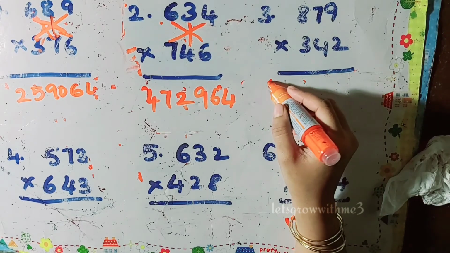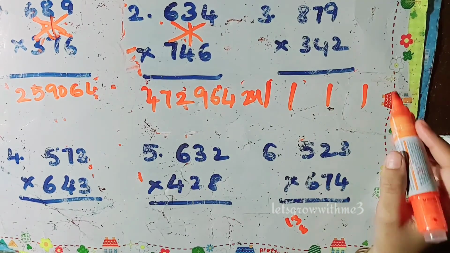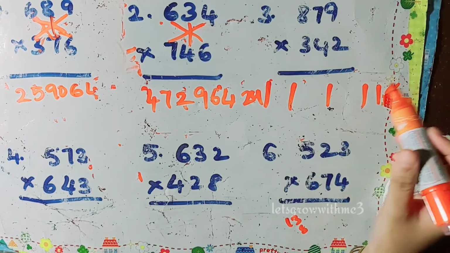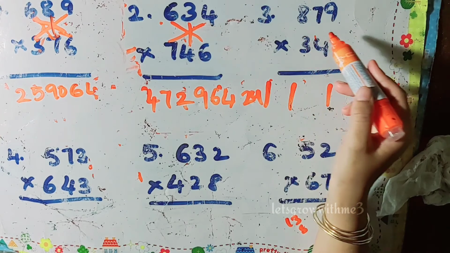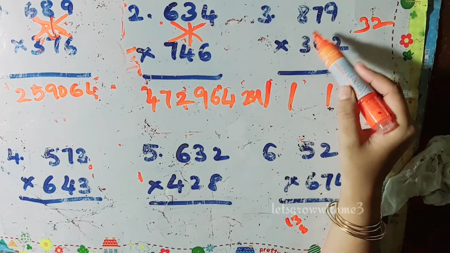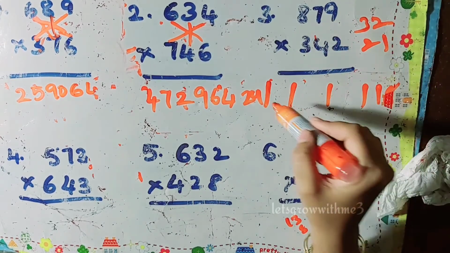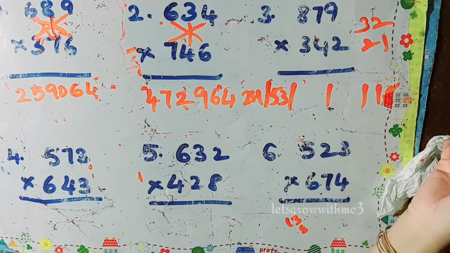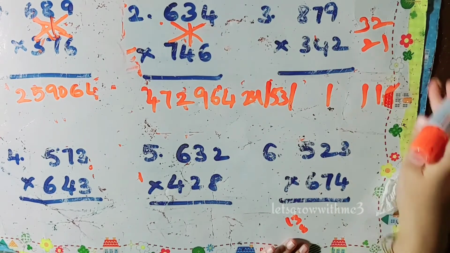8 3s are 24 and 9 2s are 18, and then we need to do the cross. 8 4s are 32, 7 3s are 21. When we add it, we get 53. And next we have 7 2s are 14.